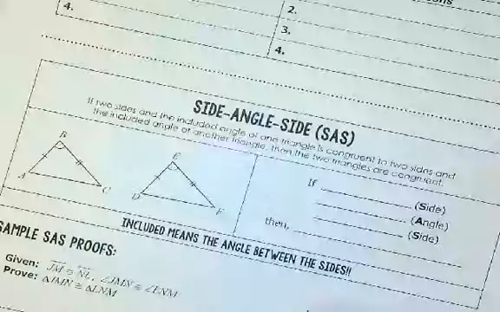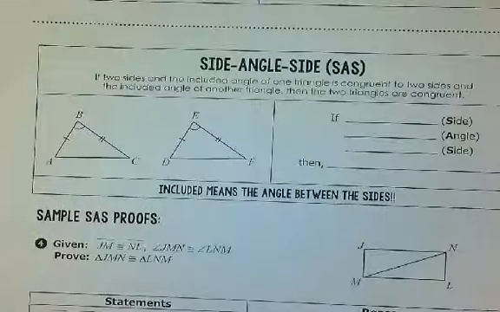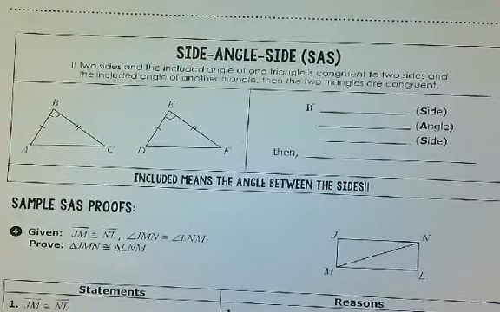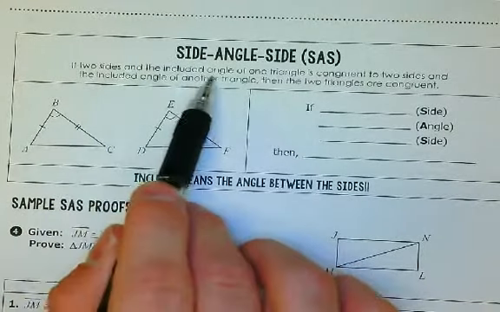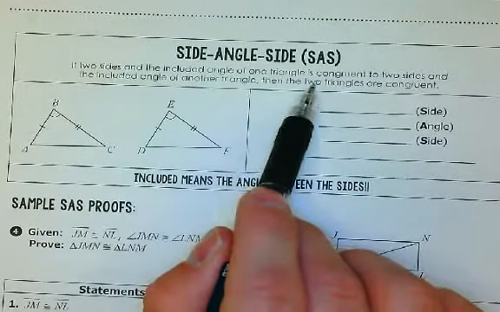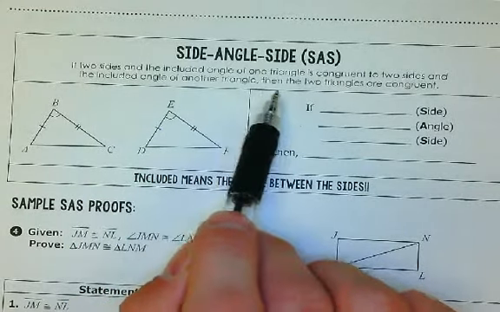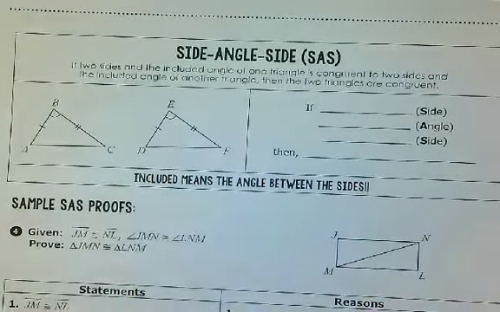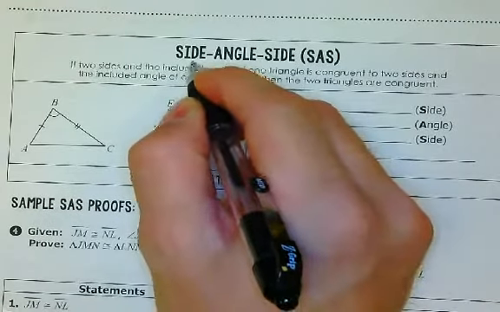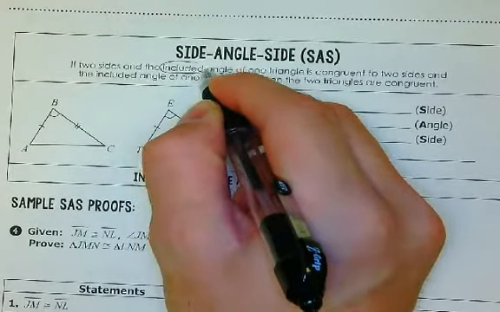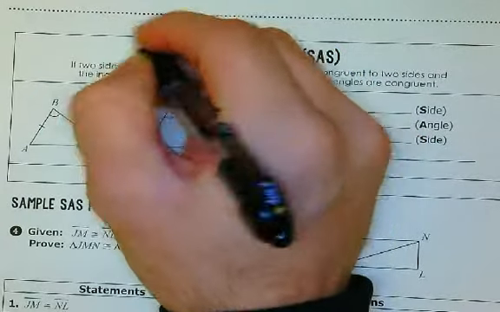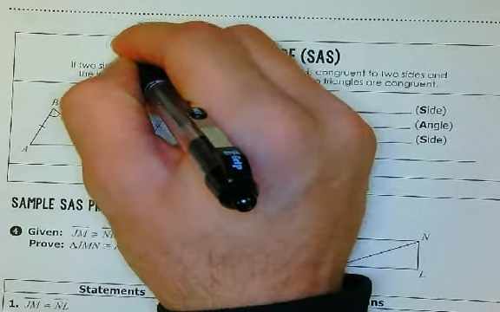Okay, let's go ahead and flip the page. We're going to talk about side-angle-side now. For side-angle-side, if 2 sides and the included angle of one triangle are congruent to 2 sides and the included angle of another triangle, then the 2 triangles are congruent. Remember that we said that included was kind of a fancy word for connected, or it connects.